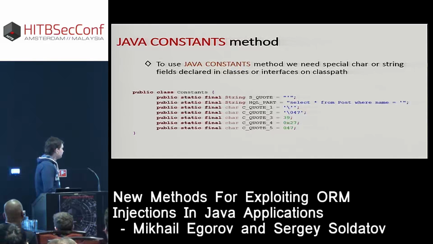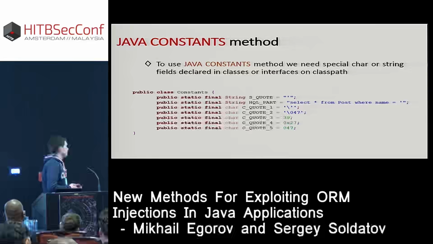For example, a public static field of type string that contains 1 single quote is suitable. A part of an HQL query that ends with a single quote is also suitable for exploitation. Char fields are also suitable.